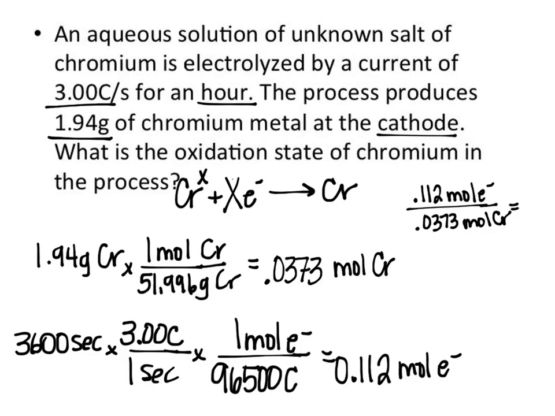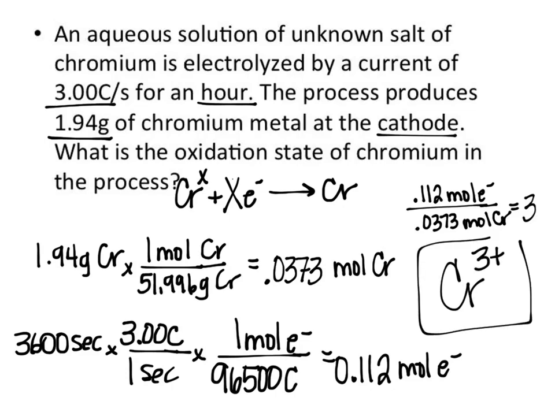Let's go. 3 moles of electrons. So our oxidation number on chromium is 3 plus.